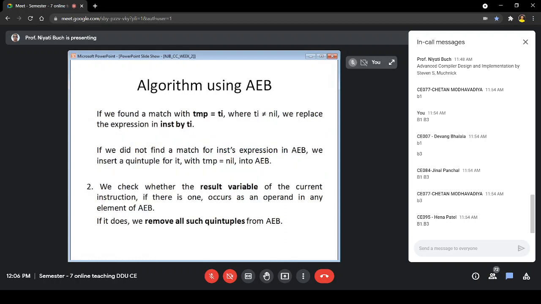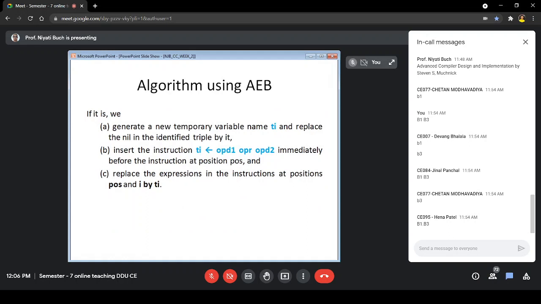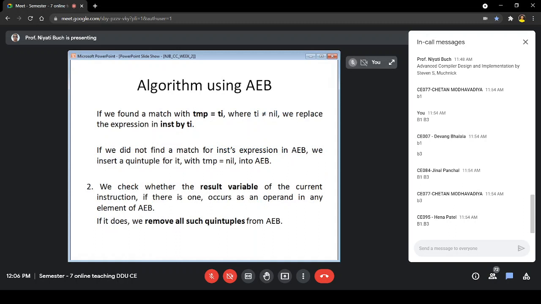Now, if a temporary is already found, whereas in the case I told you the temporary was not there, so we were generating a new temporary. If a temporary is already found, then we have to simply use that temporary because we have already generated it. In your current instruction you simply use the temporary.